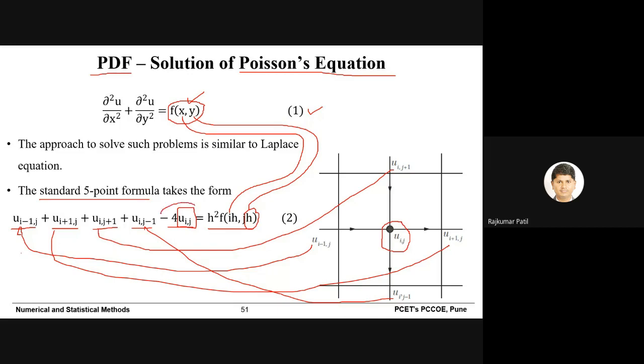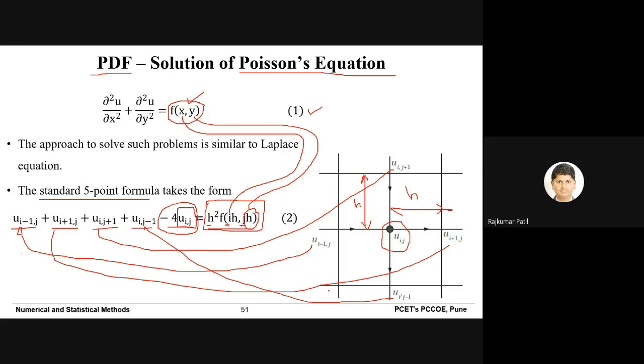Along with that, you will see a minus 4u_ij and this particular function, where the important term is h, the difference between two neighbors, and i and j correspond to coordinates.